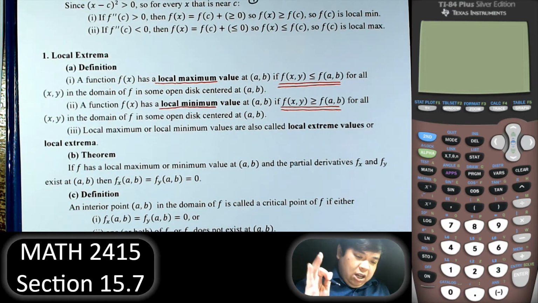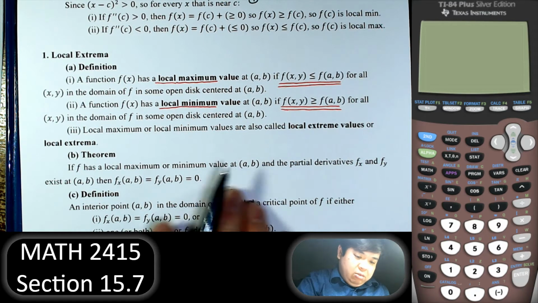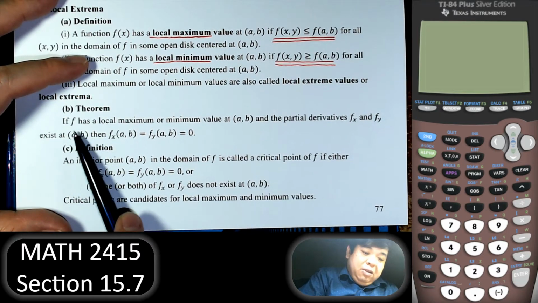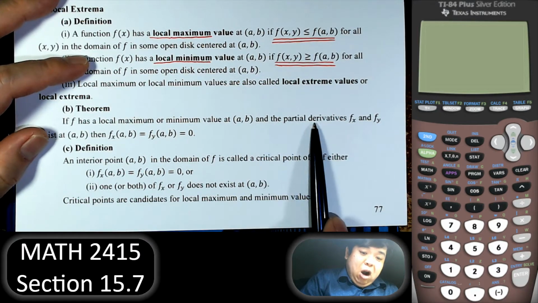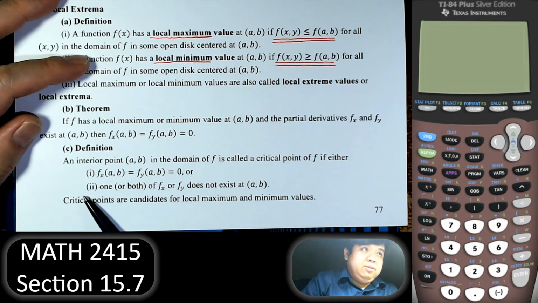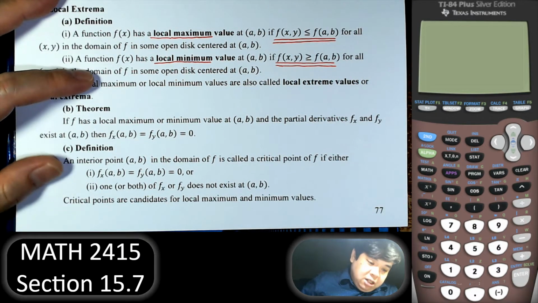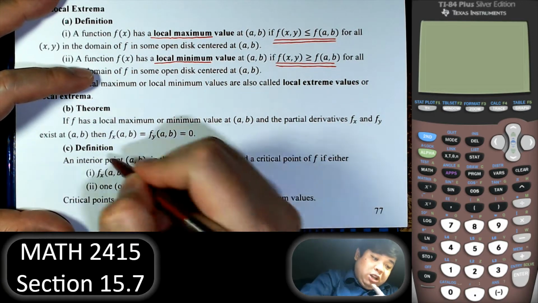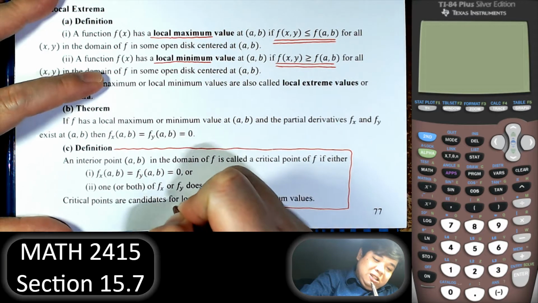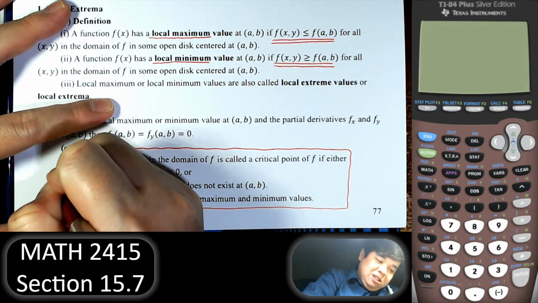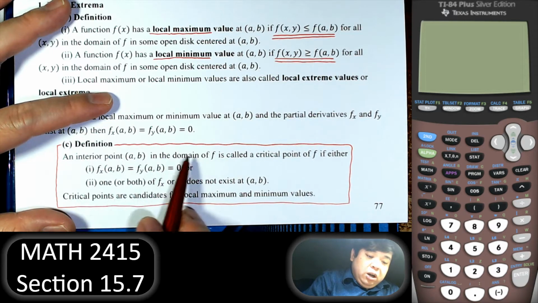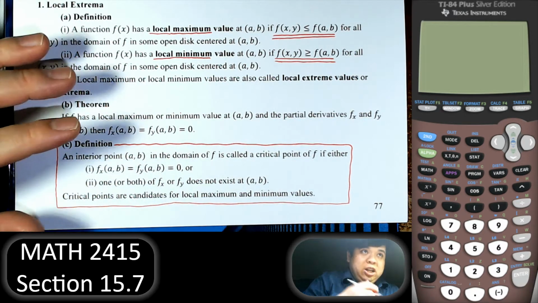Now this is what we need to know. If it has the maximum or minimum, and the partial derivatives exist, then the partial derivatives equal 0. But what you need to write out is this: we have an interior point in the domain, so the point has to be in the domain.